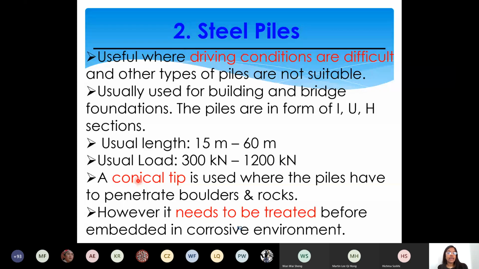And then a conical tip, right? A conical tip is used where the piles have to penetrate boulders and rocks. So to avoid any bending or cracking of the tip, they use the pile cap while driving. However, it needs to be treated before being embedded in a corrosive environment. That's important.